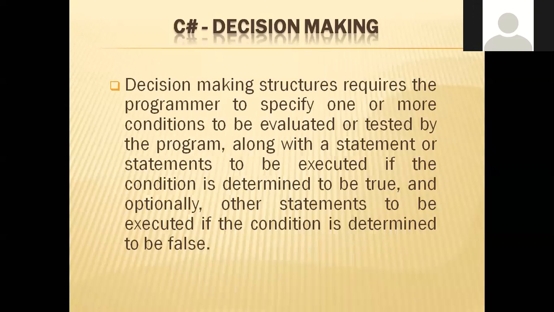We have already seen C decision making, and this is again very similar to C decision making. So this is the decision making structure where we can start taking decisions in our programs, and those programs can be used for any processing regarding the calculation, regarding taking the decision.